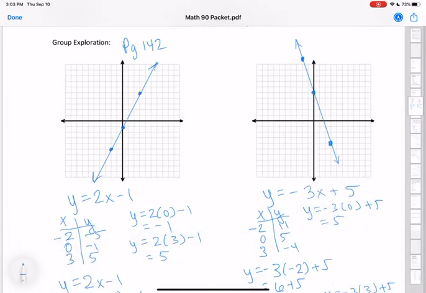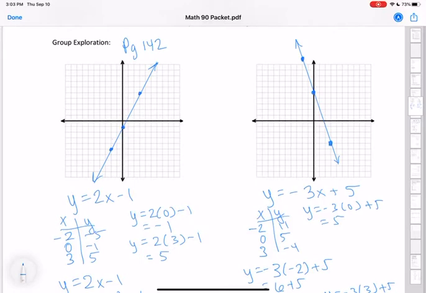So far we were given two equations to graph, and we did that by picking three x values, running them through, getting our y's, plotting our points, and connecting them up. Beautiful. Now here's what we're going to do next. We have our lines, and I'm going back and forth between 1 and 2.